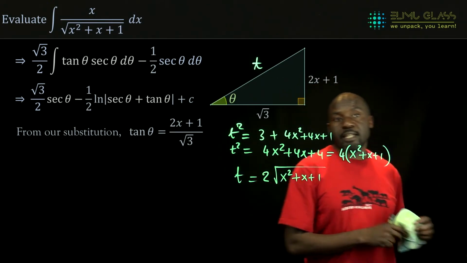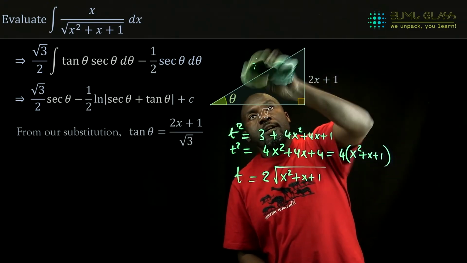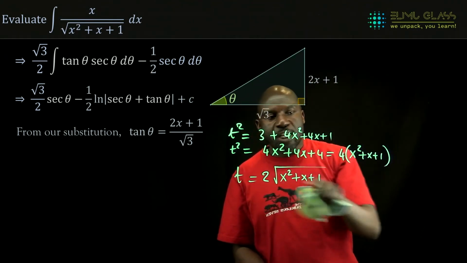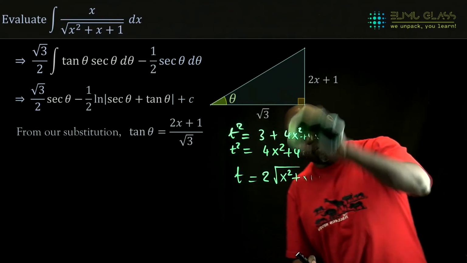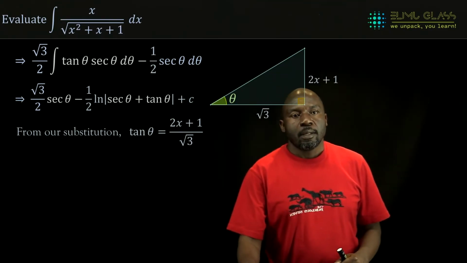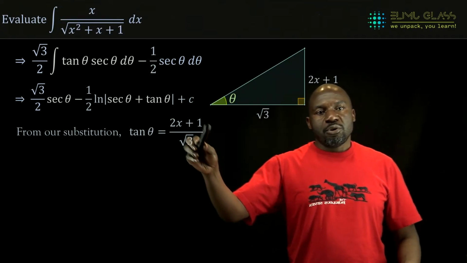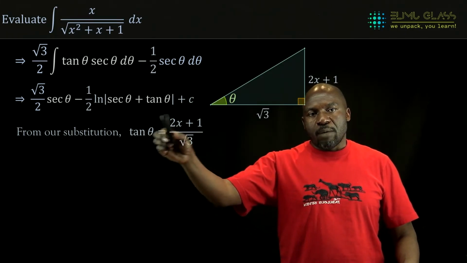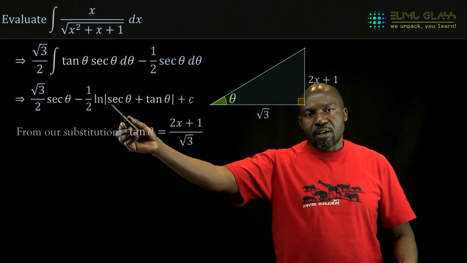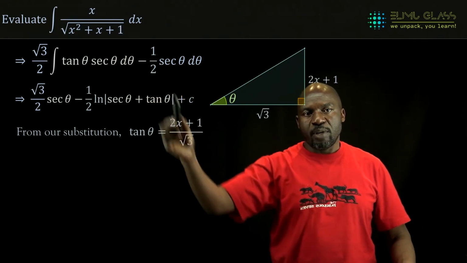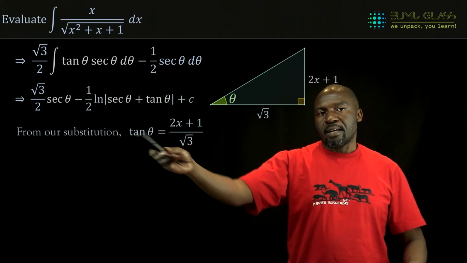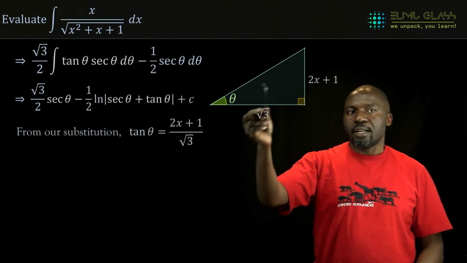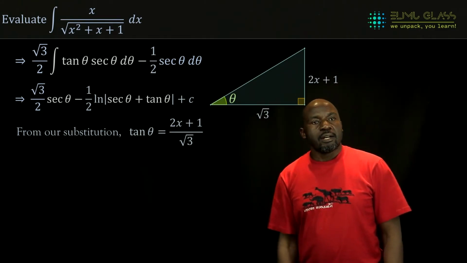We're going to replace that t here with this result here. So we will always use our substitution in the process of converting our integral back to values of x. We will need that substitution that we had used earlier, make tan the subject and have this arrangement so that you can replace it in the right angle triangle.